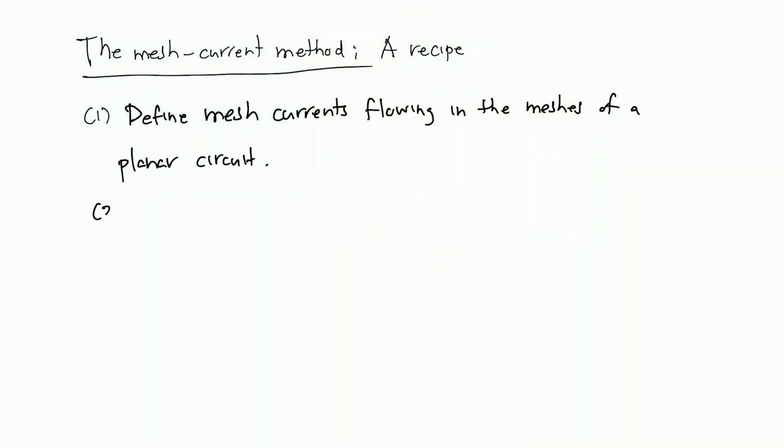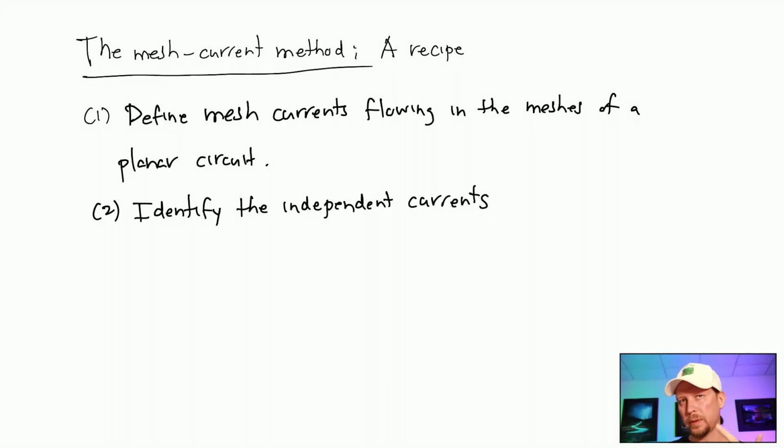The next is to identify the independent currents. And we're going to do this by doing one and only one thing. The mesh current method accommodates voltage sources very easily, but every single time you have a current source, whether it be a dependent source or an independent source, what that does is it reduces the number of independent mesh currents by one.